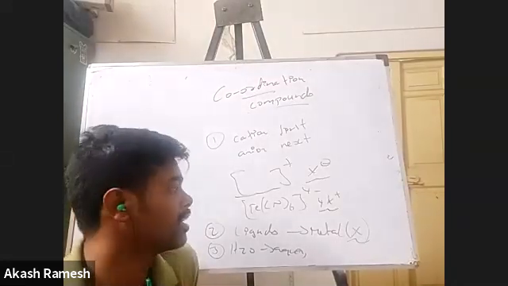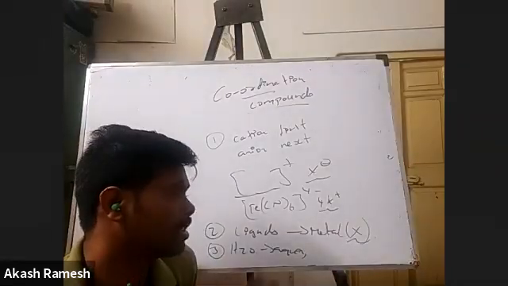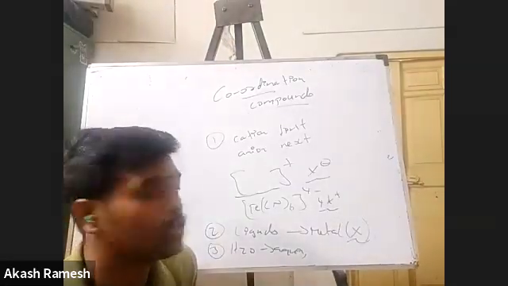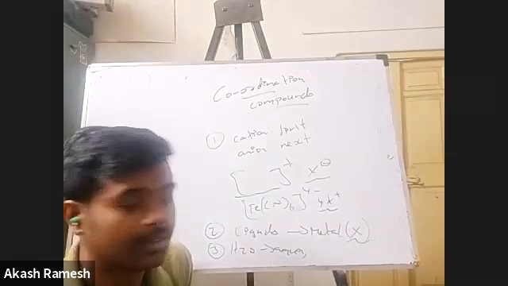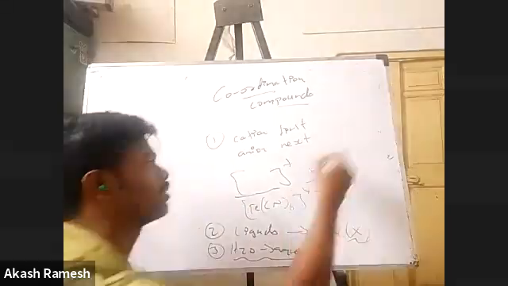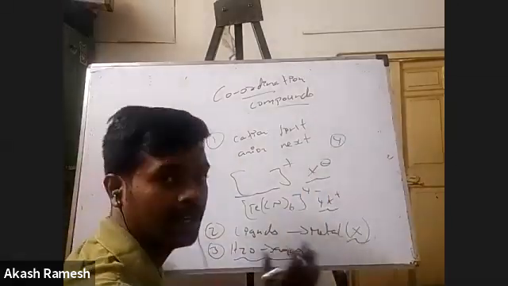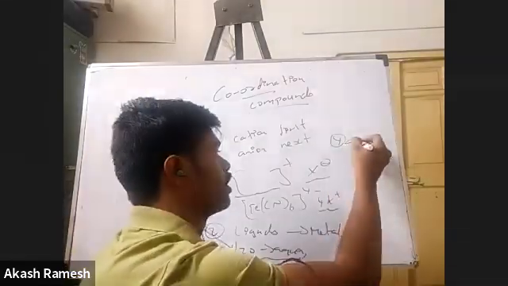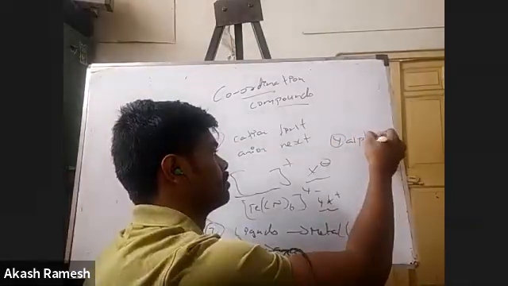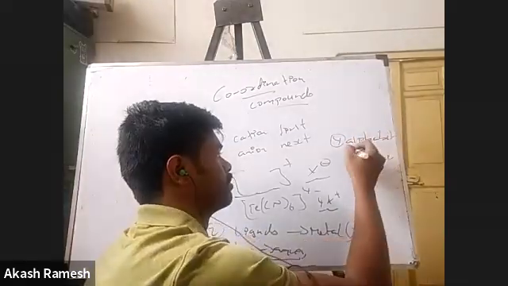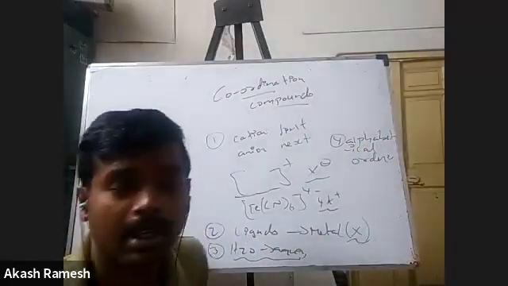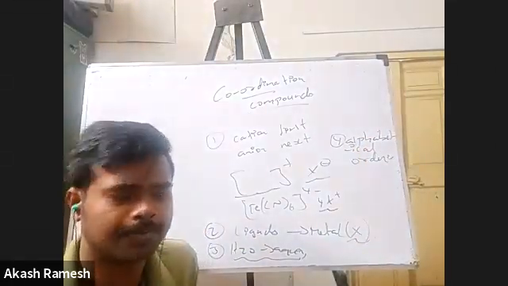Obviously you should know how to calculate the oxidation number, and you should know what the cation and the anion are. Also, when you name the ligands, that has to be done in alphabetical order.